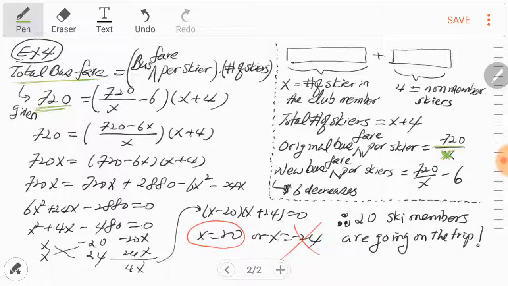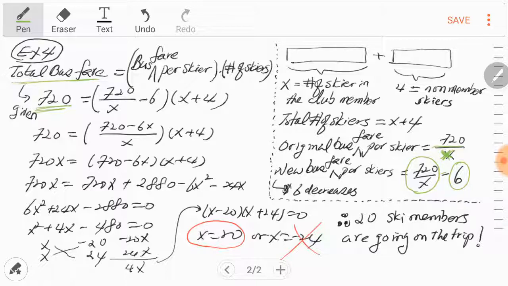So it decreases by $6. So this is the original bus fare per skier, and then $6 decreased. So you subtract 6 from this amount. 720 over X minus 6 is the new bus fare per skier.